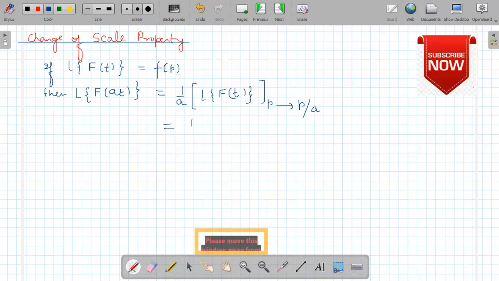We can also write this as 1 upon a f of p upon a.